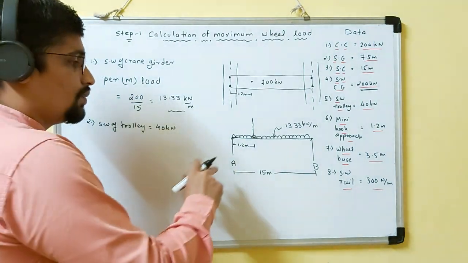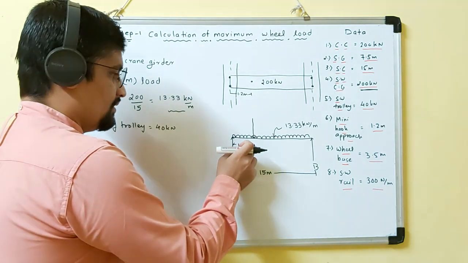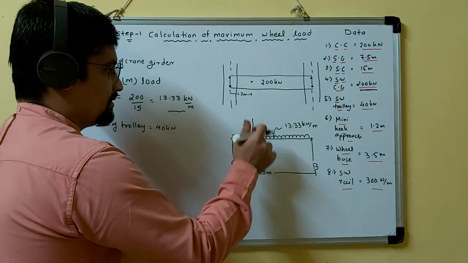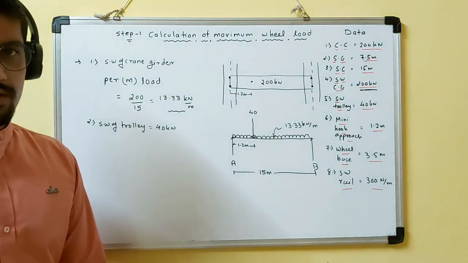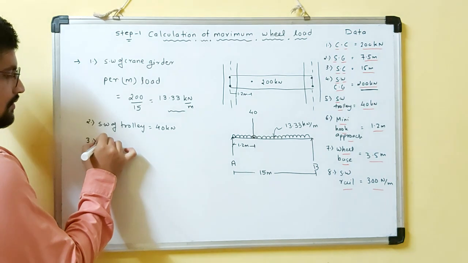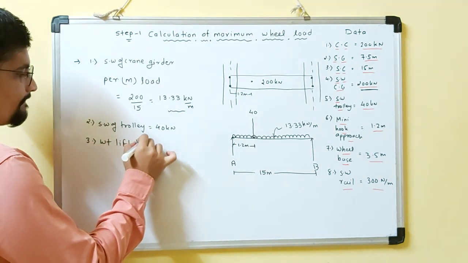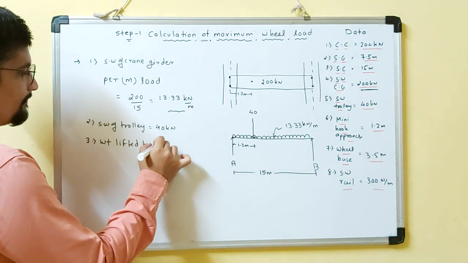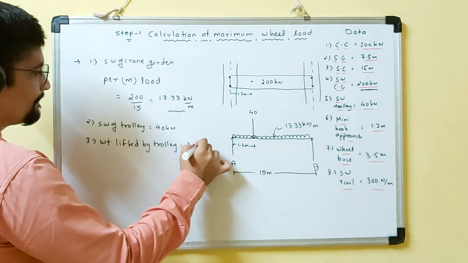It is placed 1.2 meter from one end, so I have made it this end: 1.2 meter from this end, this is 40. Okay. And the third load is the weight lifted by the trolley, which is 200 kilonewton.